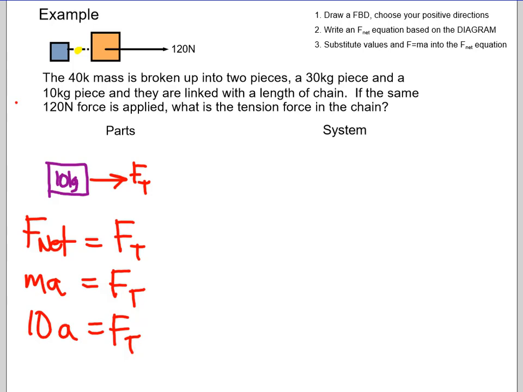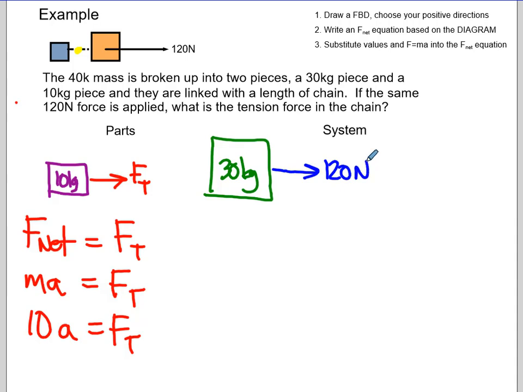Okay, let's draw the larger 30 kilogram box. I'll ignore the vertical forces. Let's use blue for our forces. So we have the 120 Newton force here. And then here's the key piece: we have an arrow going backwards that's also Ft.